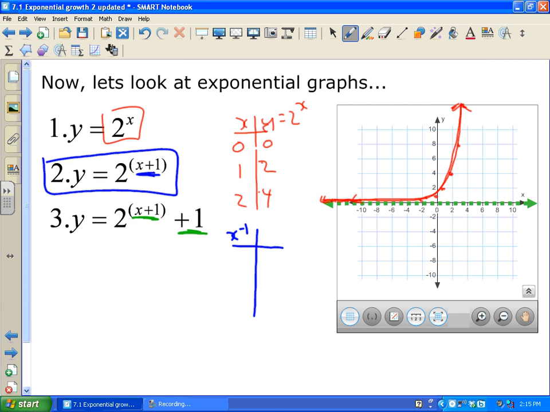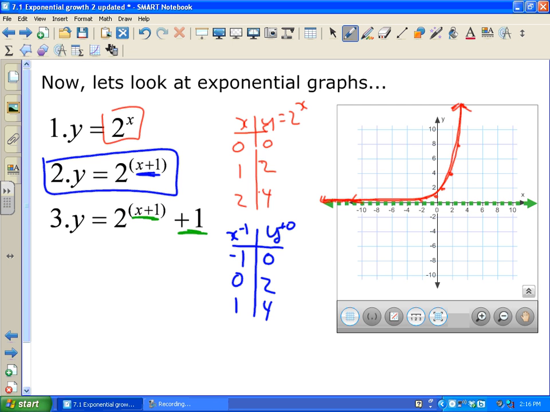So my y values will stay the same. Opposite x, each x value is going to decrease by 1, so 0 minus 1 is negative 1. 1 minus 1 is 0. 2 minus 1 is 1. And as we said, there's no change for my y values. Nothing's changing, so I will keep them the same, 0, 2, and 4.